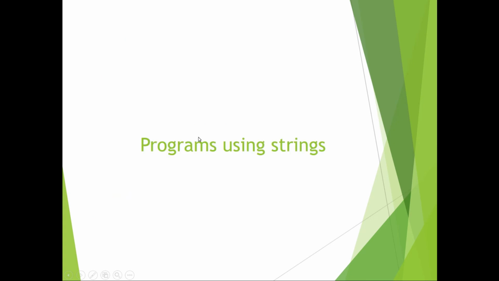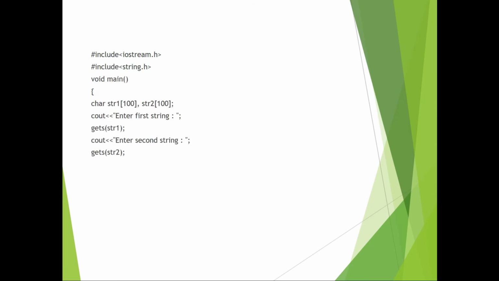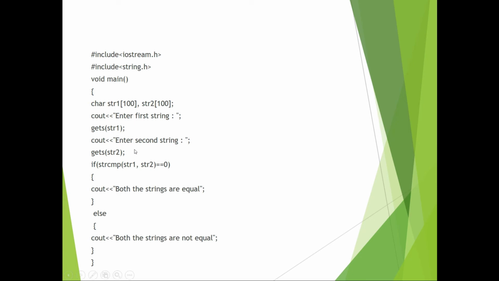Now we'll see a few programs using strings. This is a simple program where we are finding out whether the entered strings are equal or not. Here I have used gets; instead of gets, you can use cin.get. You first get one input from the user, then the second input.